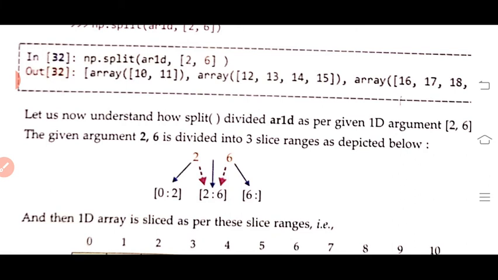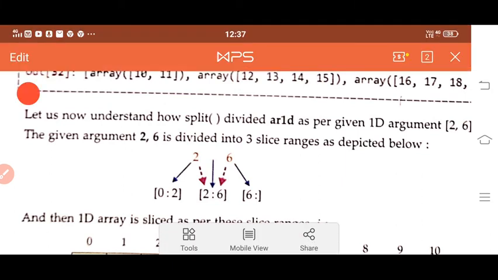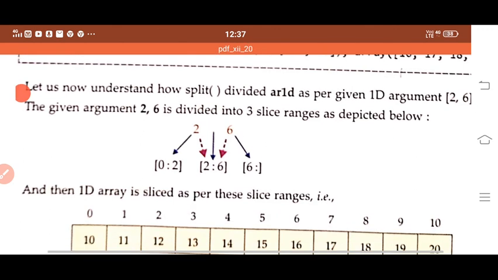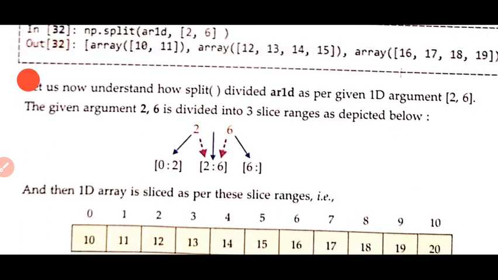So what will it do? The split function will give you 3 slices. The given argument 2, 6 is divided into 3 slice ranges as depicted below: first 0 to 2, then 2 to 6, and then 6 to end.